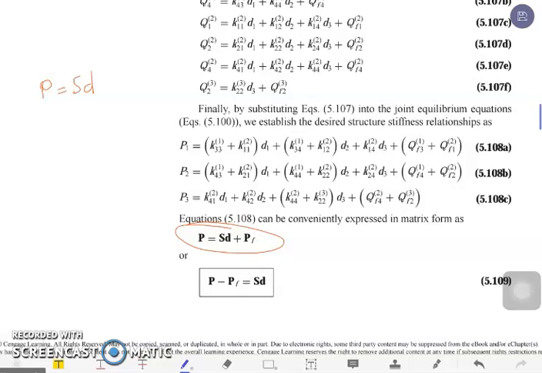This can also be written as P minus P sub F equal to S times D.